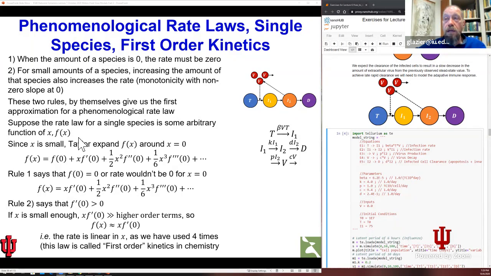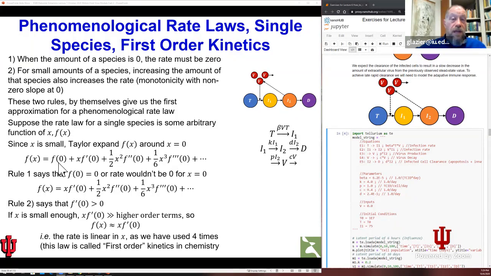So if I have a rate law for species X, which is f of X, something arbitrary, any function, no matter how complicated, and I Taylor expand that function f of X around X equals 0, f of X is f of 0 plus X times f prime of 0 plus 1/2 X squared f double prime plus dot dot dot.